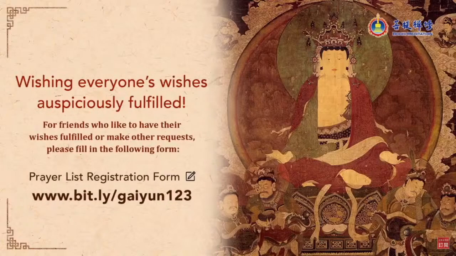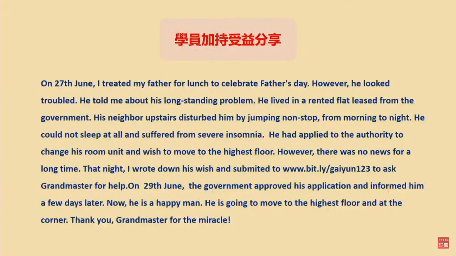And so his father had a room unit on the top floor in the corner. So he's going to move to the highest floor and at the corner. Wow. So Buddha and Grandmaster protect us and bless us in every aspect. Wow. Master said, I'm so happy to hear that.